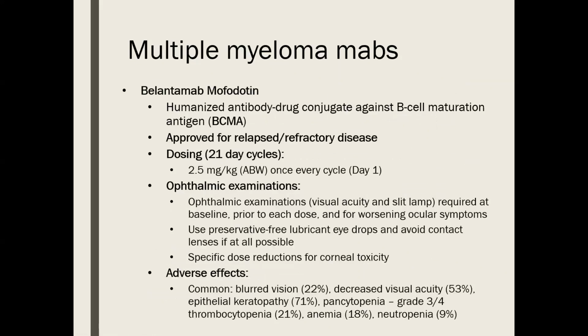The last monoclonal antibody for multiple myeloma I wanted to talk about was the most recently FDA approved. This is belantamab mafodotin. This was a drug that we saw a lot in our clinical trials on the CRU, and now that it's FDA approved, I think we're seeing quite a bit of it as well.